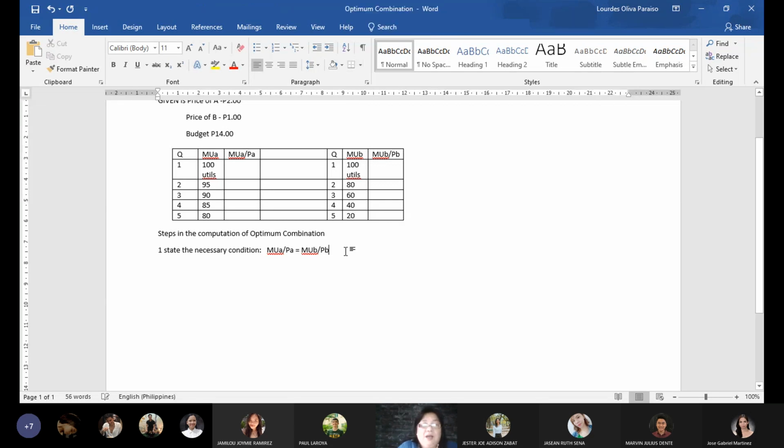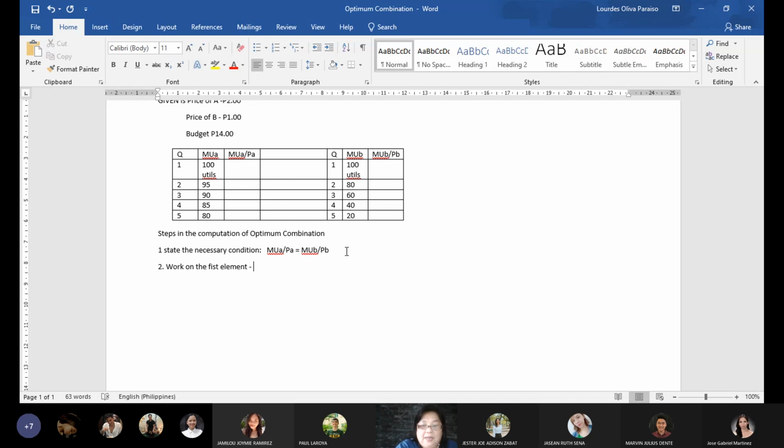Now that you have your marginal utility for good B, you can now work on the first element. So what is this first element?